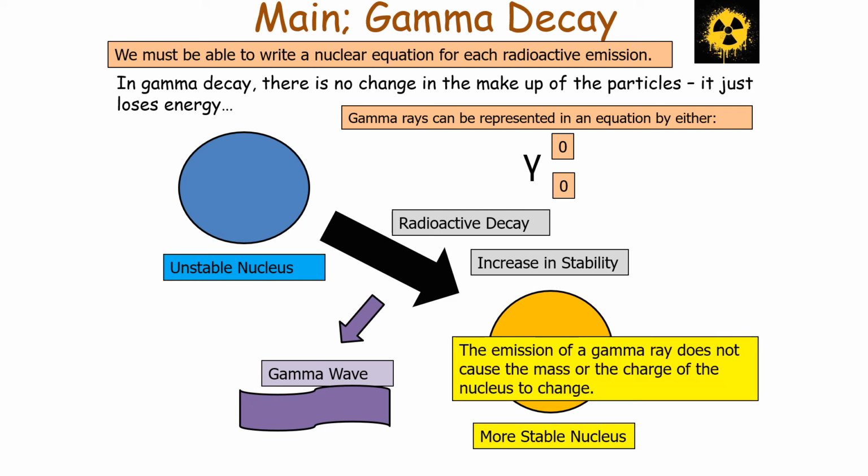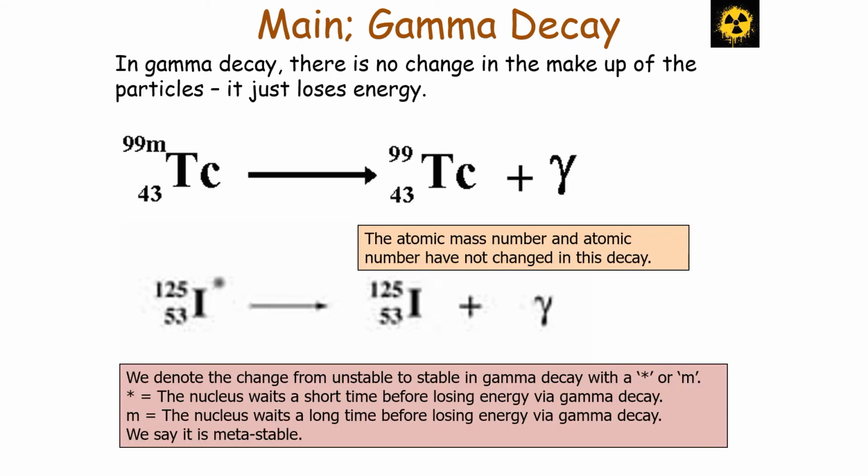Now the emission of a gamma ray does not cause the mass or the charge of the nucleus to change. So in gamma decay there is no change in the makeup of the particles. It just means the nucleus loses energy. Now we can denote the change from unstable to stable in gamma decay with a star or an M. If it's starred, it means the nucleus has to wait a short time before losing energy via gamma decay.